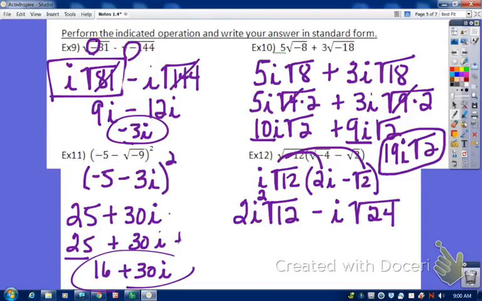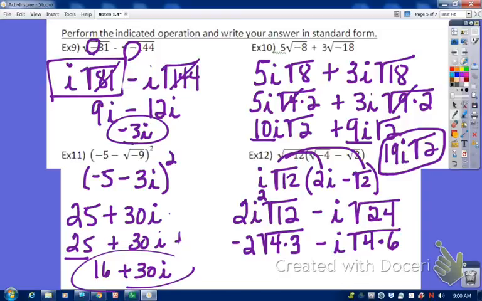All right, is that the final answer? Or do you see some things that will simplify? Yeah, 2i squared is going to turn into a negative 2. So you can go ahead and write a negative 2. Then what else will simplify? Square root of 12 breaks down into 4 times 3. Square root of 24 breaks down into 4 times 6. Almost finished.